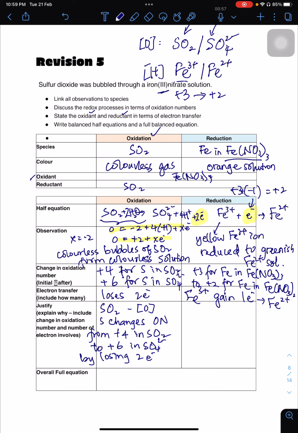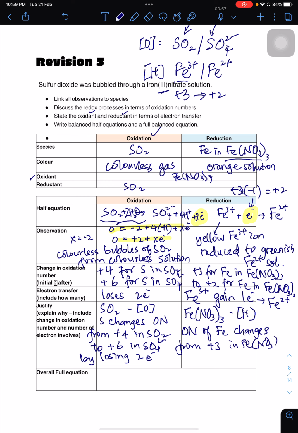So you have to rewrite or paraphrase it as iron 3 nitrate undergoes reduction because the oxidation number of iron changes from positive 3 in iron 3 nitrate to positive 2 as the product.